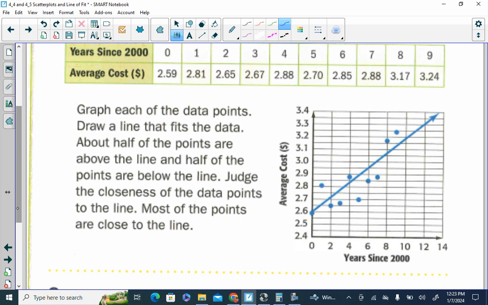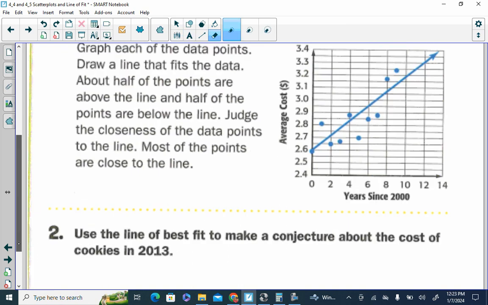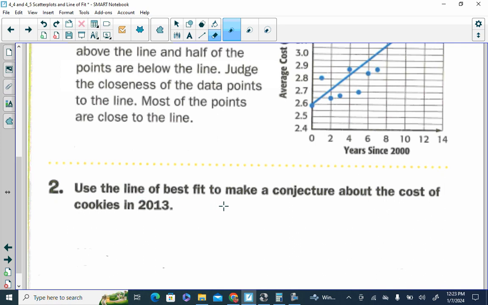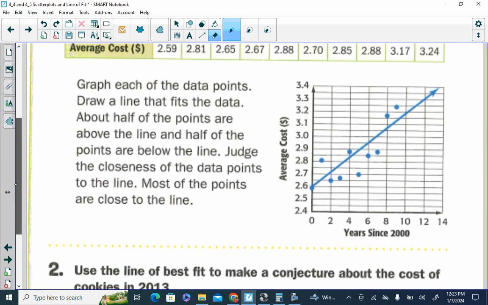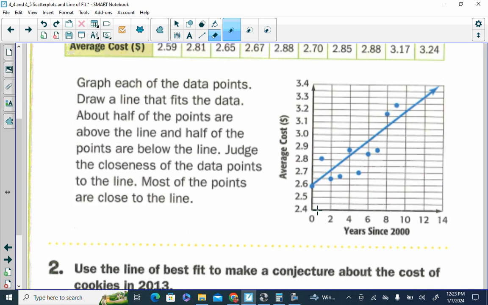So we want to be able to use the line of fit to make a conjecture about the cost of cookies in 2013. Well, the year 2013 is going to fall right about here, in between 2012 and 2014.